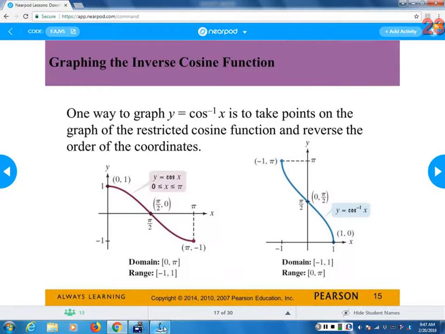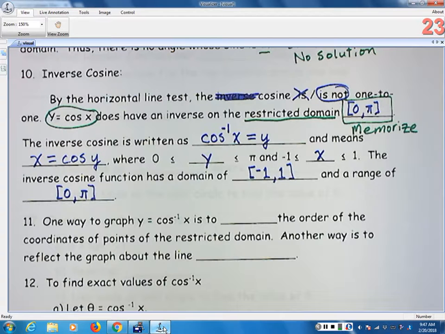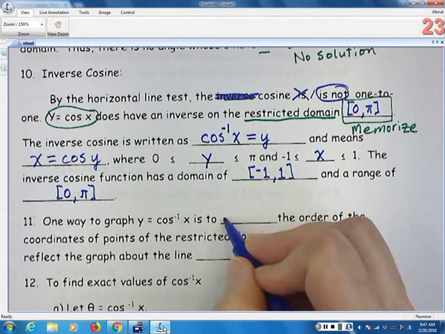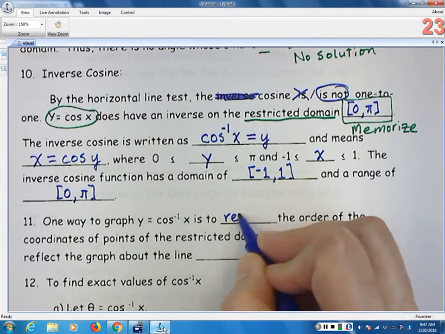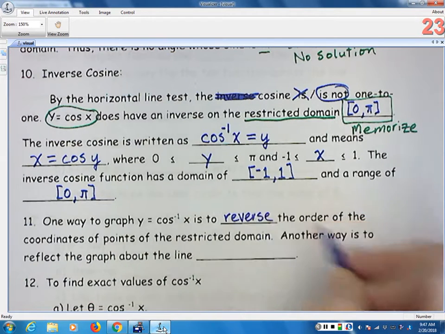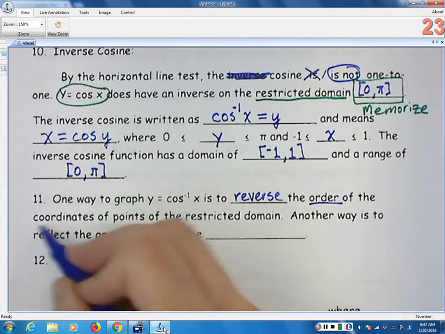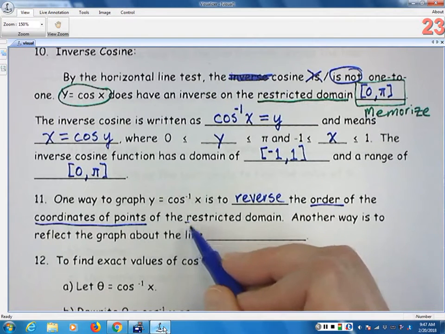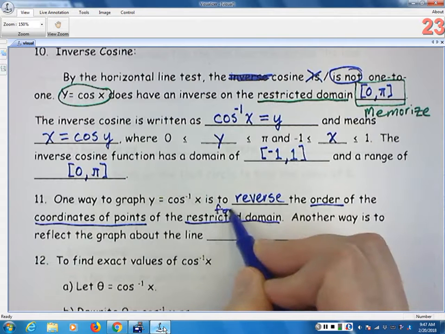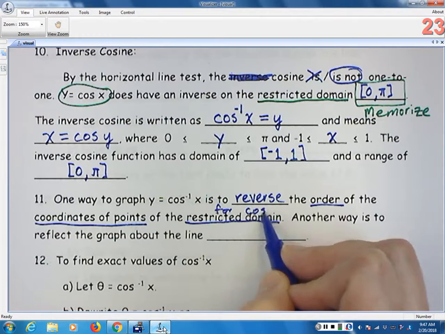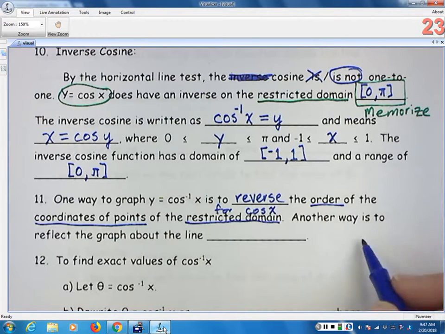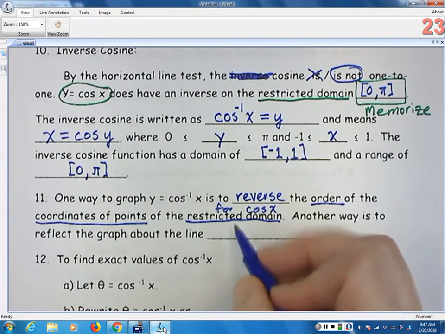So one way to graph inverse cosine is to reverse the order of the coordinates of points on the restricted domain for cosine x. Another way is to reflect the graph about the line y equals x.